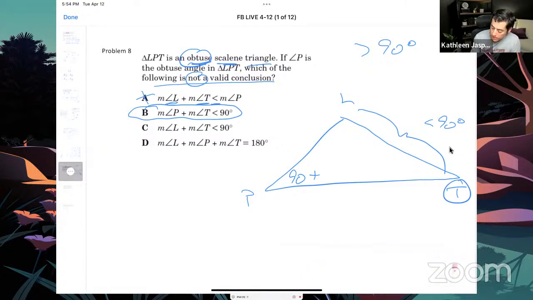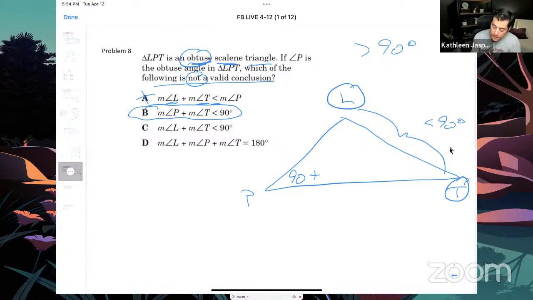Okay, let's go through the other ones just so we can confirm. C says angle L plus T is less than 90 degrees. I know that they're less than 90 because angle P is the obtuse angle and it's more than 90, and you can't have the total be more than 180 degrees.